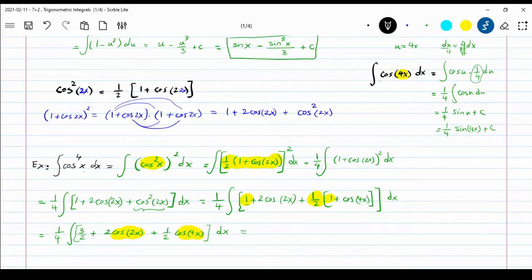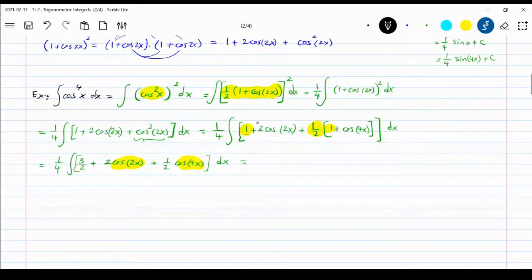So basically, I can calculate the integral and say, okay, the result of this integral, I have a 1/4 outside. Integral of 3/2 would be 3/2 x. That's a fixed value, constant. The integral of 2 cosine 2x should be plus 2 times 1/2 sine 2x.